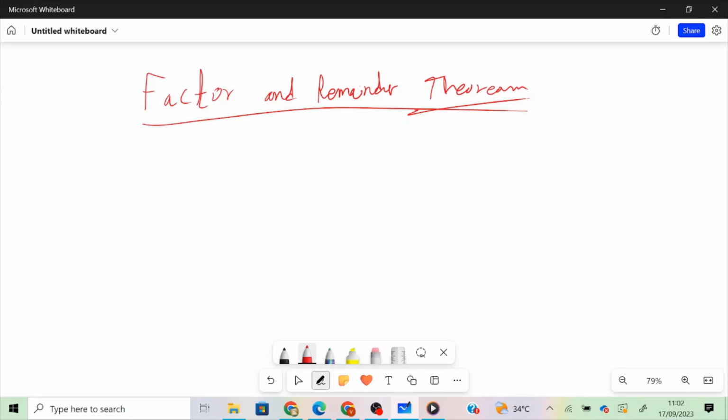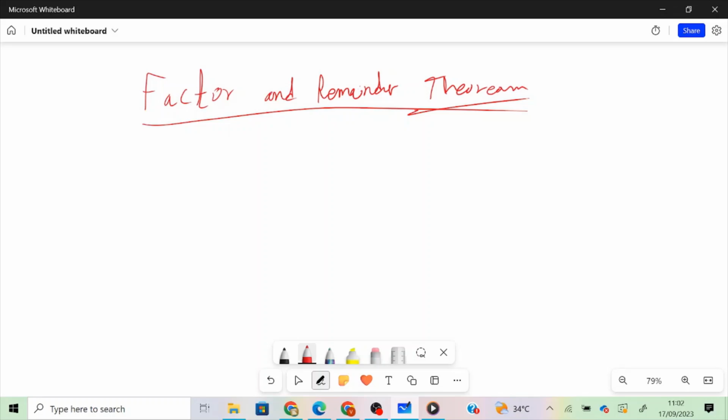Now, the way we did the division of the polynomials is correct, but it's quite a long method, and it can eventually be used for a different type of question, which we will have a look at in the last example of this video. The factor and remainder theorem makes our work super easy.